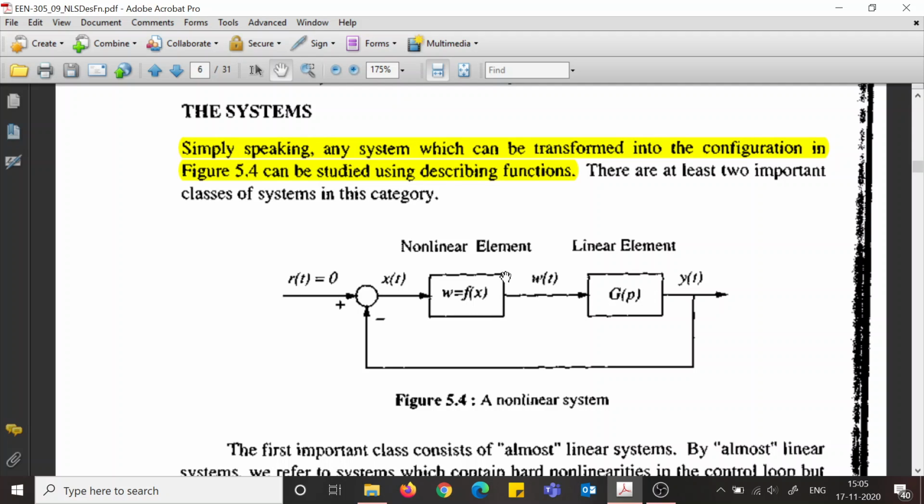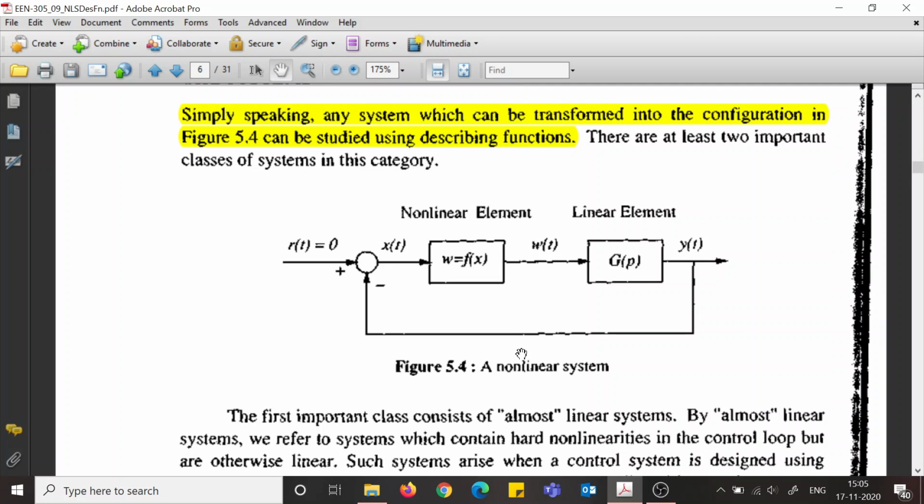So you can assume that this may be an actuator or a controller nonlinearity, something like that, or maybe the actual system can be broken down into a linear part and a nonlinear part, and they together are combined in this manner. So whatever way you arrive at this type of configuration, then you would be able to implement the describing function method.